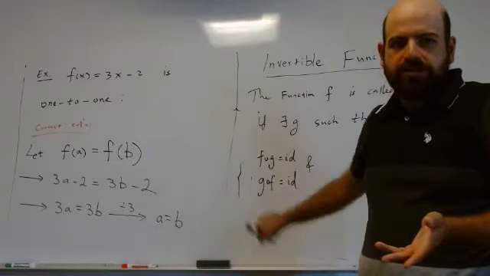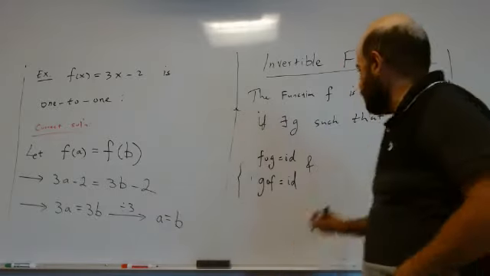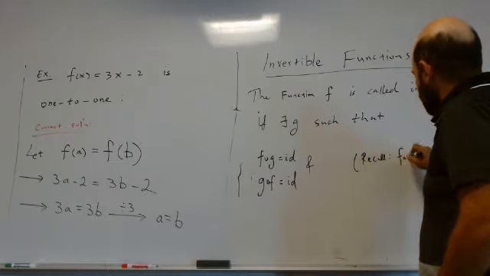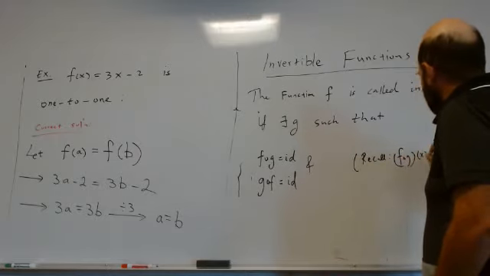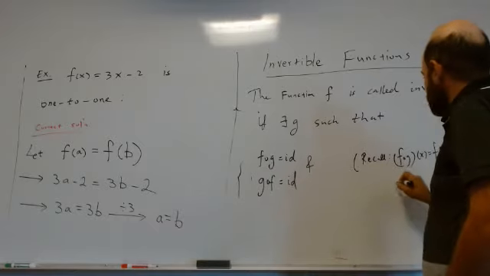You know the composition of two functions, like f∘g of x means f of g of x, right? So recall, f∘g of x is equal to f of g of x. This is the meaning of composition of functions.